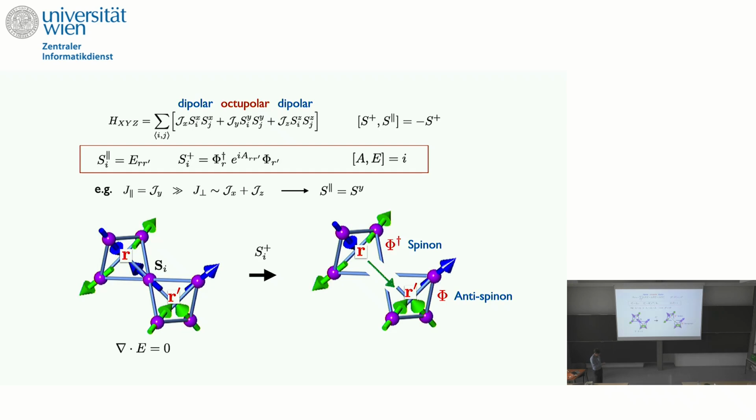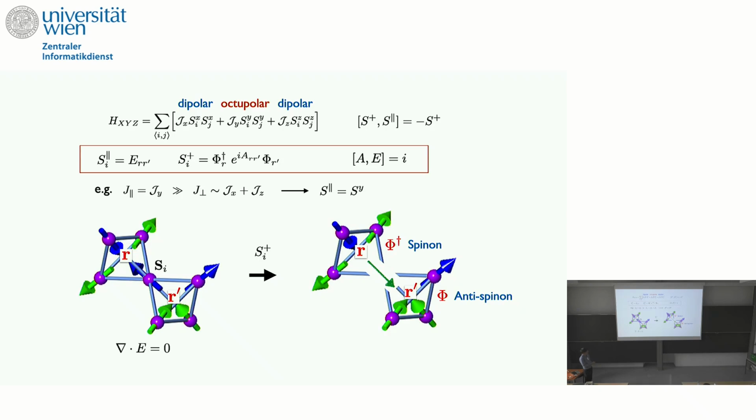So with that, you can map this problem again to a quantum electrodynamics problem. So again, I'm going to use this language: if there's a dominant Ising degree of freedom, then I call that the electric field, and the raising operator is e to the i vector potential.